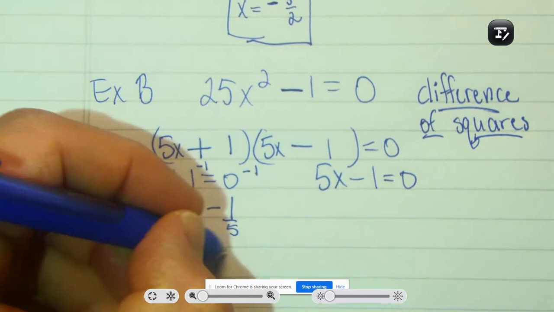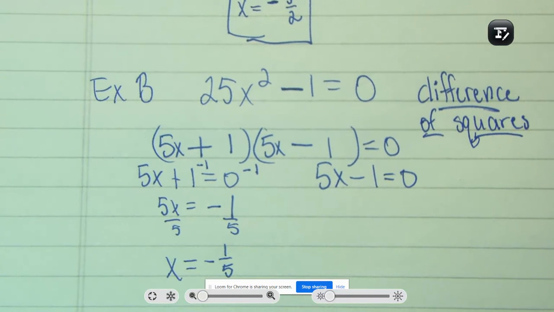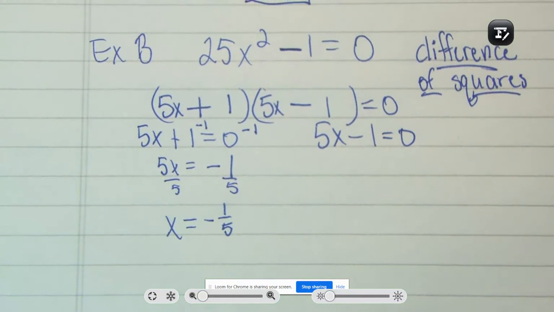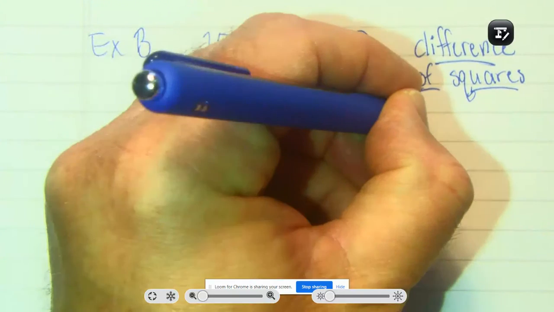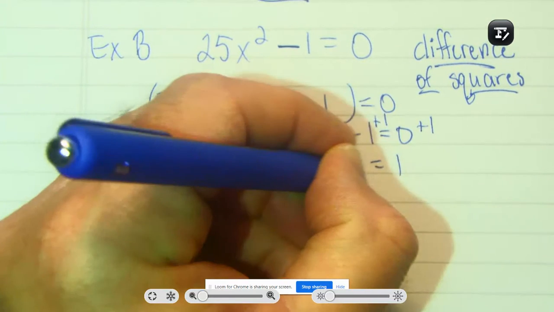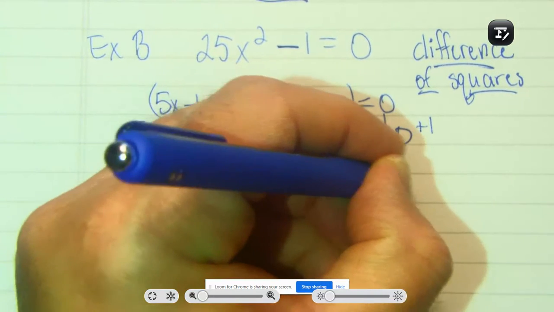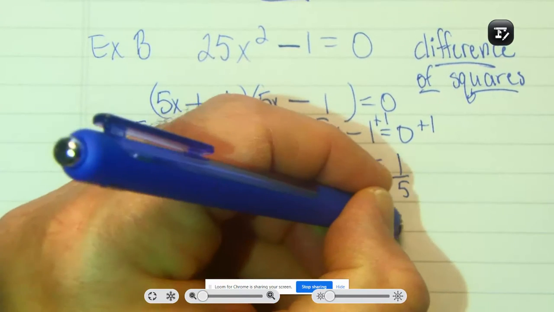So x here is equal to negative 1/5. Same thing with this one, except now I'll add 1. I get 5x is equal to positive 1 divided by 5. X equals positive 1/5.